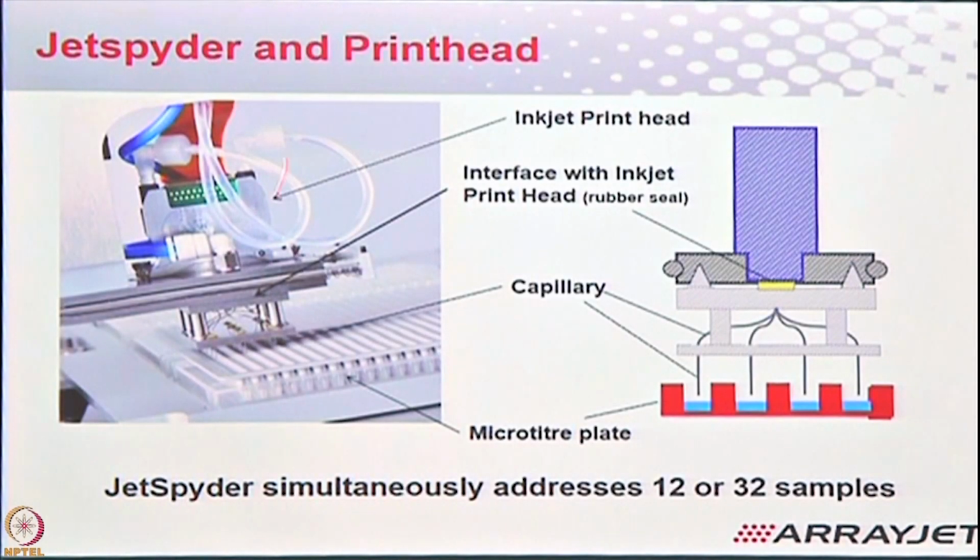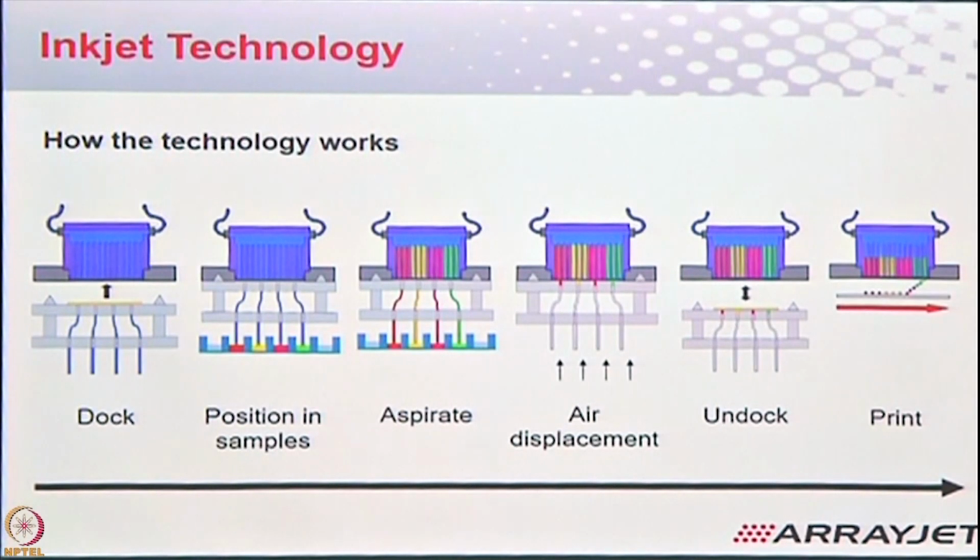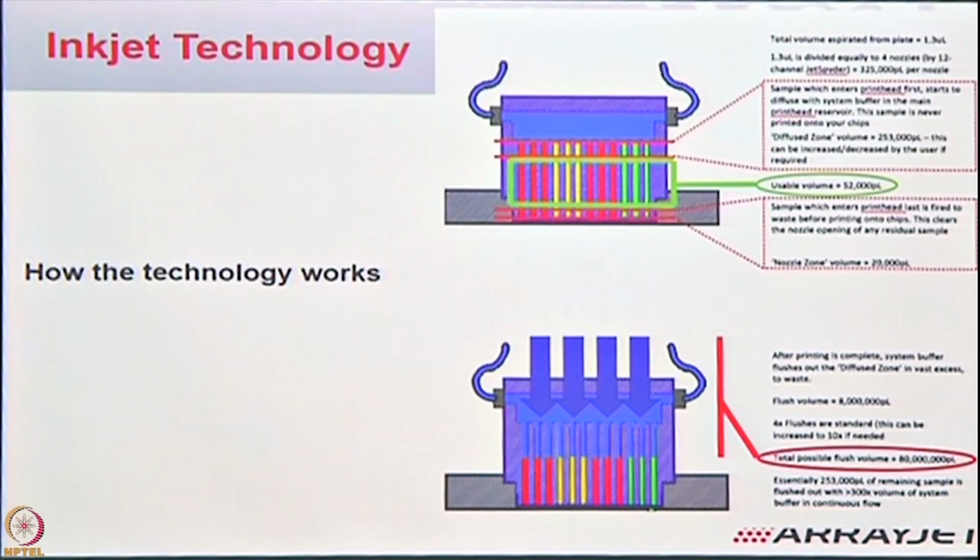Again, this is the printhead, this is the jet spider, and this is the source plate. The sample gets aspirated upwards, goes inside the printhead, and it just prints. That's the printing. This is the connection between the printhead and the jet spider. This is a bit too technical.